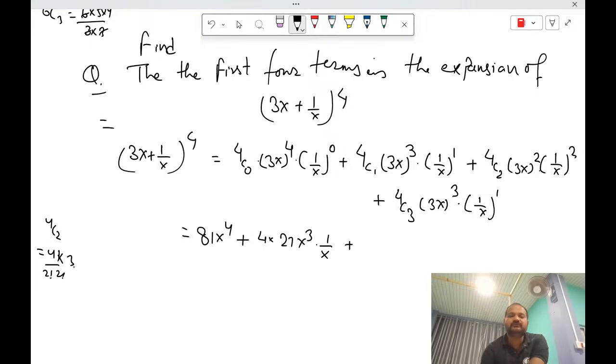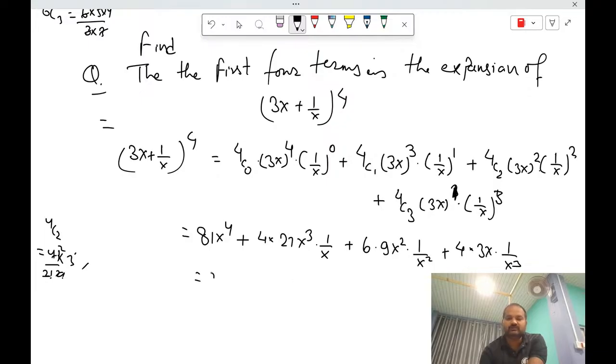So 4 into 3 and the 2 cancels, so 4c2 will be 6, into 9x square into 1 by x square. And the fourth term will be 4c3, it will be 4 only, 3x to the power 1, into 1 by x cube.